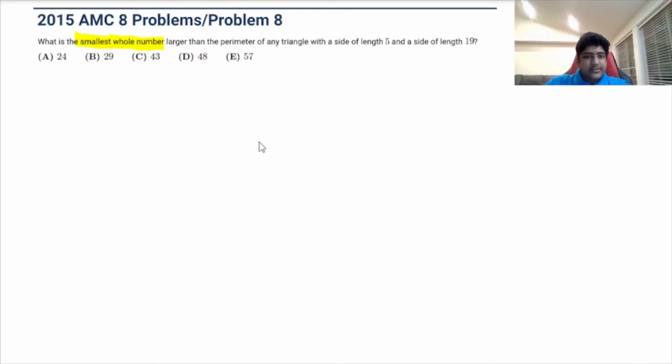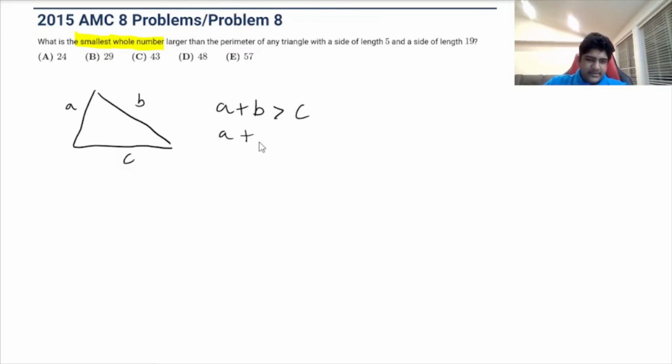Now, in order to do this, we need to use the triangle inequality, which states that for any triangle with side lengths A, B, and C, we have that A plus B has to be greater than C, A plus C is greater than B, and B plus C is greater than A. Or in other words, the sum of two sides is always greater than the third.